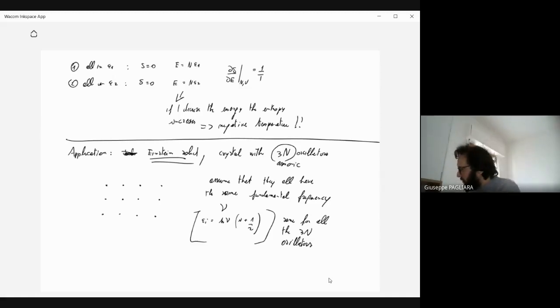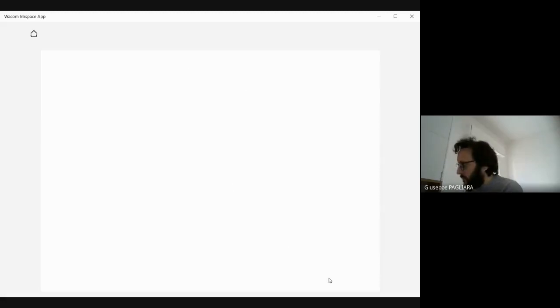Let's try to compute, first of all, the microcanonical partition function, Zm. So this function was the sum over i of e to the minus beta epsilon i.